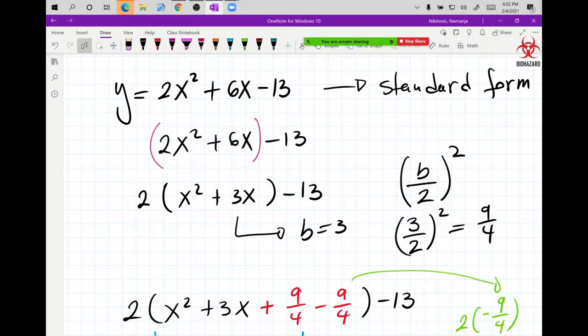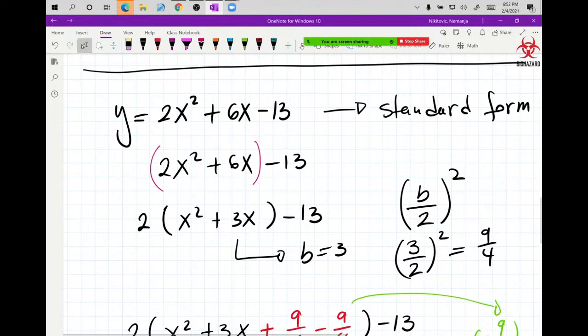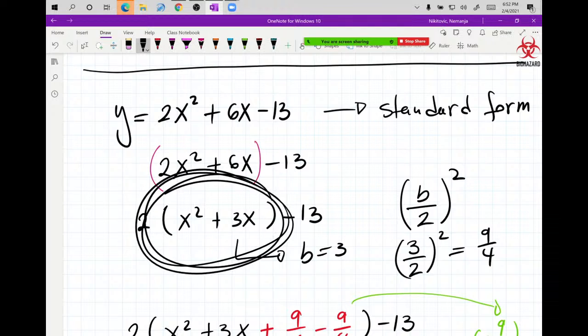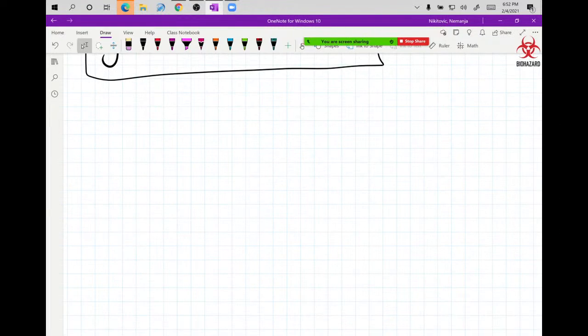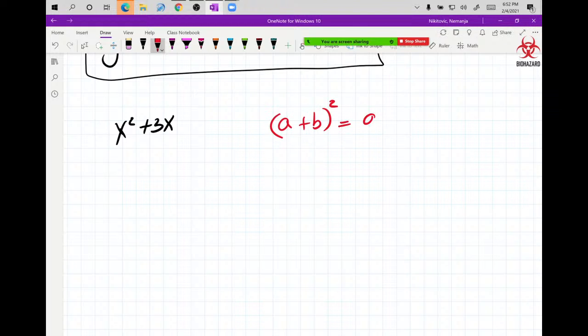So when you are here, the only thing that you are considering is actually x squared plus 3x, right? So the standard formula, so we have x squared plus 3x. The formula for a plus b squared is a squared plus 2ab plus b squared.